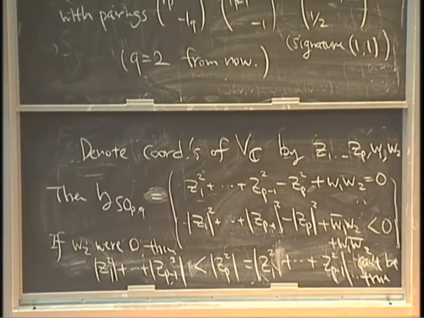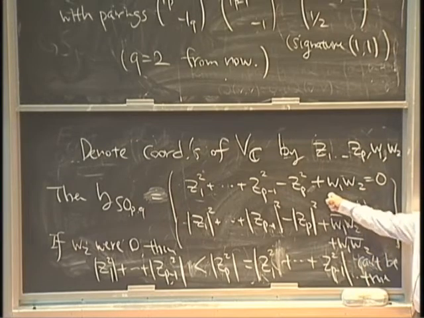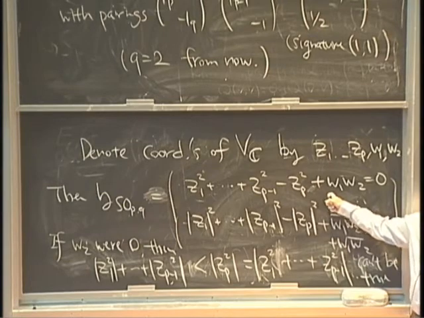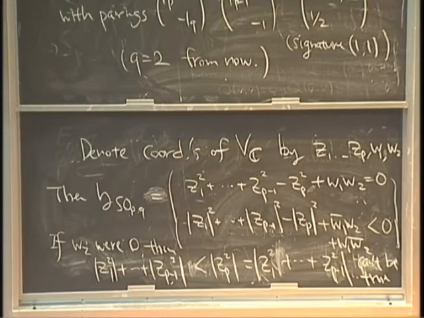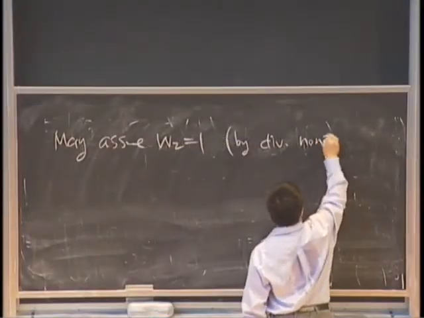If it's not going to be 0, then it's some scalar, but we are working with the projected coordinates. So you can pretty much just divide it out. So you can divide out W2. And once you divide out W2, you can assume it is just 1. And if you set W2 to be 1, then W1 is going to be determined by everything else. So that means you don't really need all these coordinates. You can drop W1 and W2 by assuming W2 is 1. So we may assume this by dividing by non-zero values.